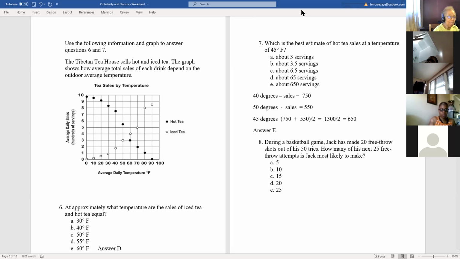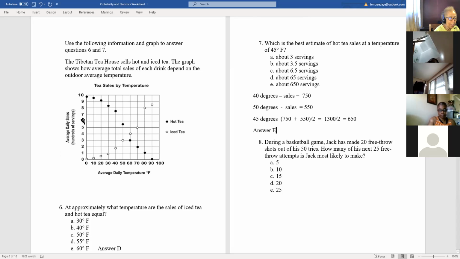Yes, because notice over here, Michelle, it says hundreds of servings. So whatever you get over here, you have to multiply it by 100. It's 650 because remember this says hundreds of servings.